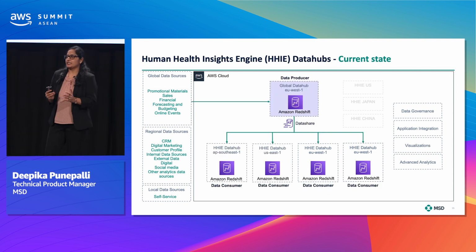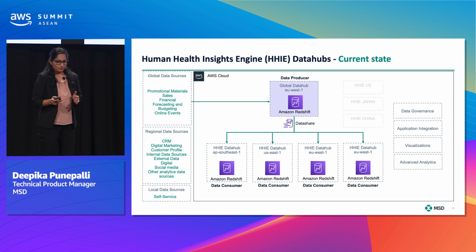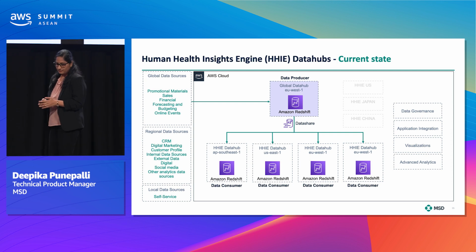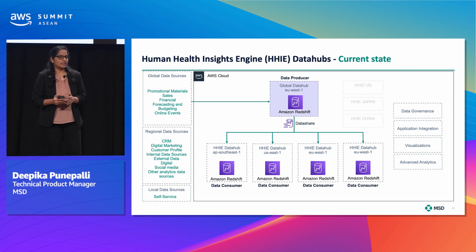To streamline this situation, we have introduced Core Data Hub, which is called Global Data Hub, which does the global integration from our global data sources and also supports our global use cases. This is the primary objective that required a sharing mechanism between different Redshift clusters within the same region and cross region, to and from the same AWS account and cross AWS account.